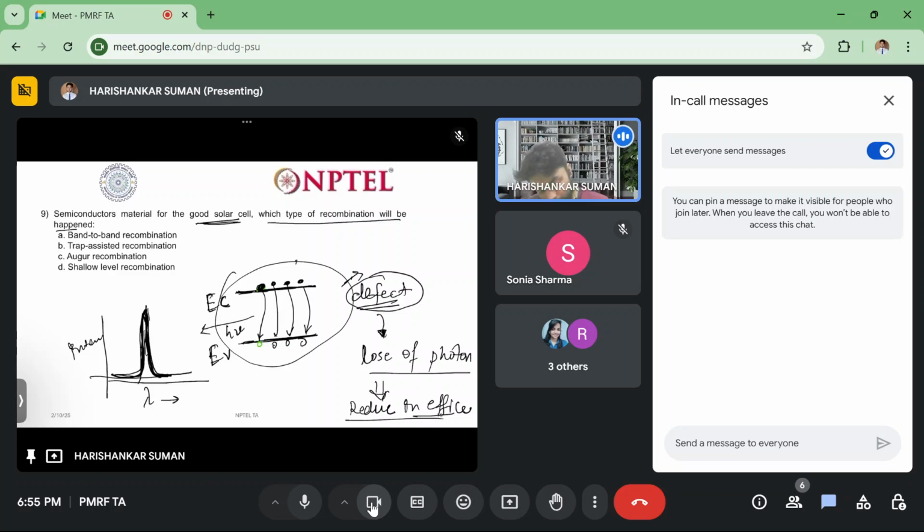At the band gap, let's say this is 1.5 electron volt.